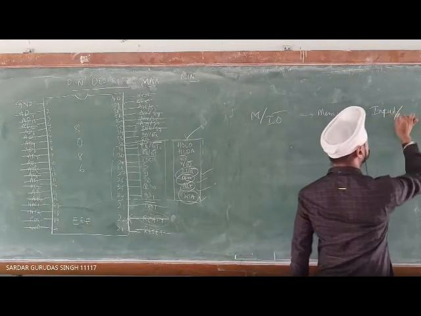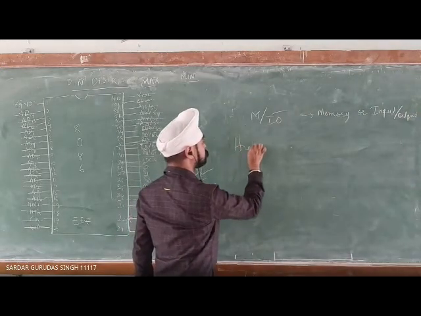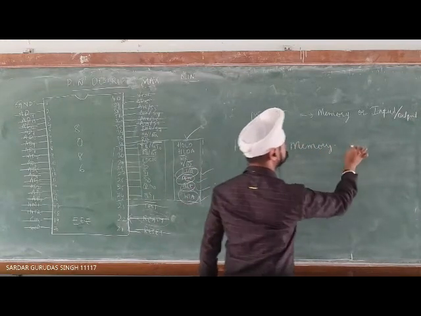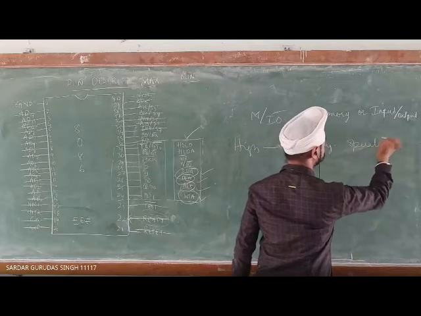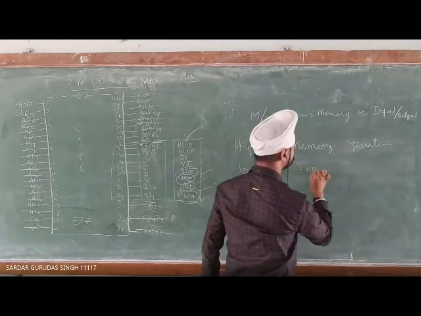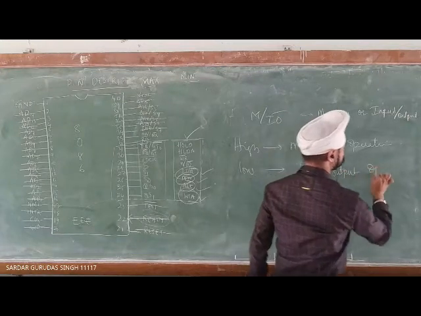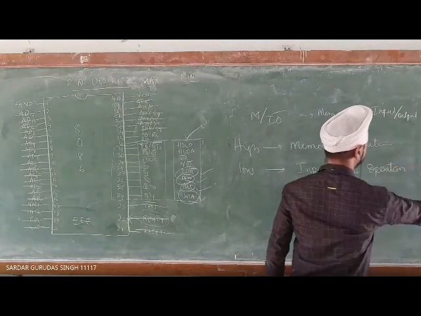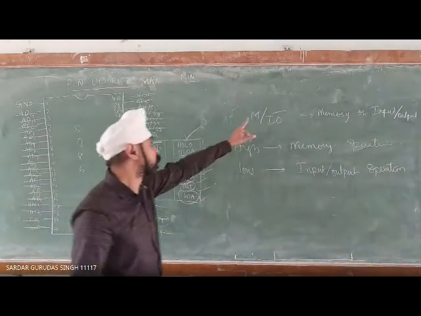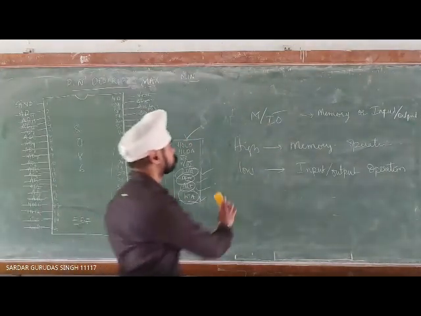High indicates your processor is performing a memory operation. Low indicates that your processor is performing an input output operation. Okay. So depending upon high or low signal, memory and input output operations are identified.